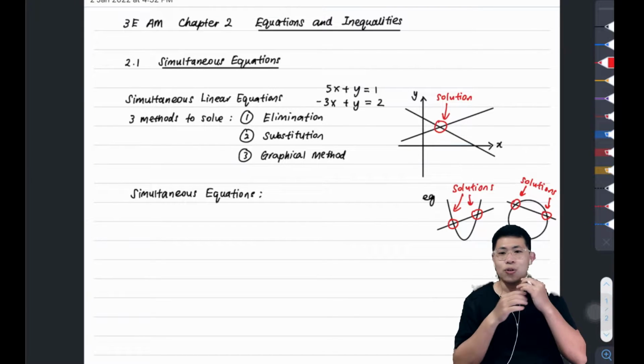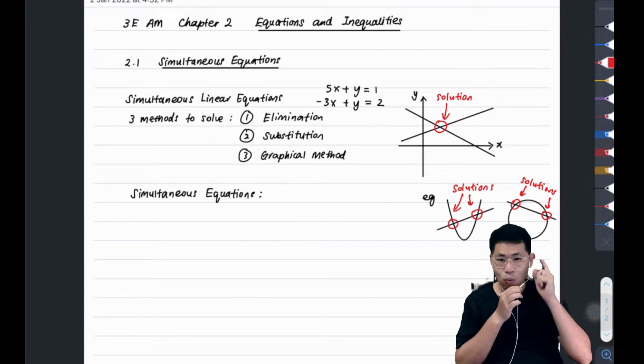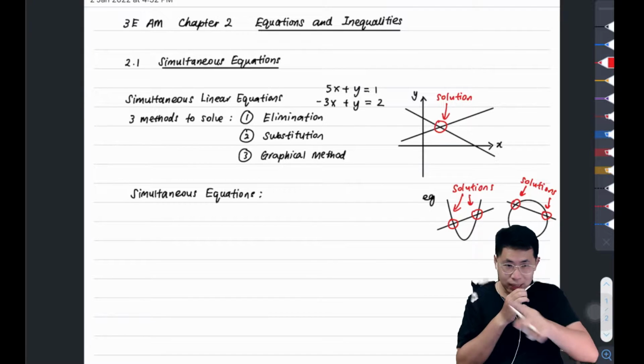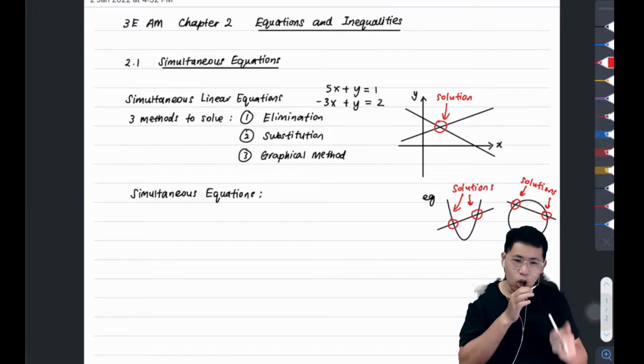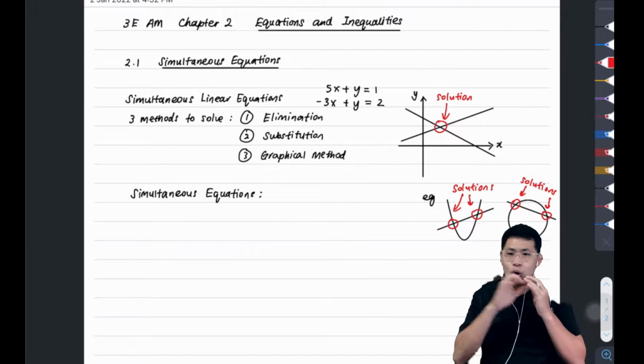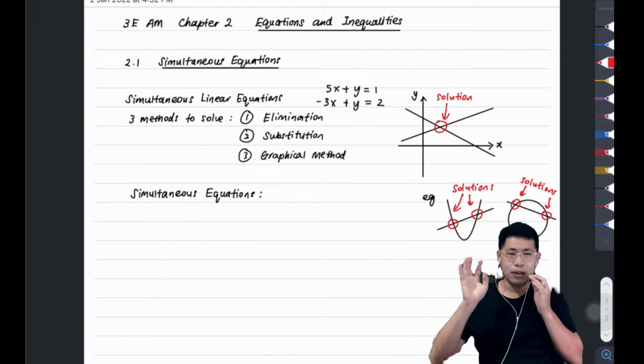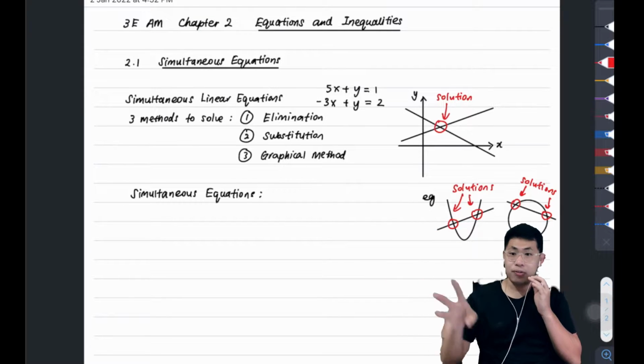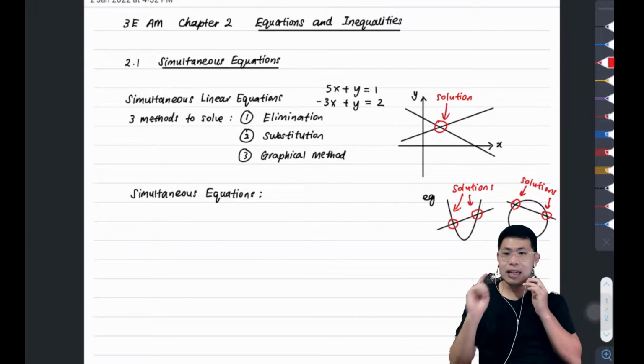Again, you can see one linear equation, one straight line equation, and one non-linear equation, which is the circle equation. Over here, let's look at the 3 methods to solve previously. Previously we had the elimination method.